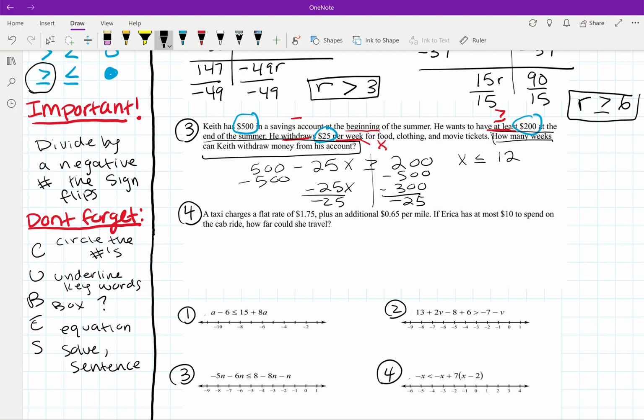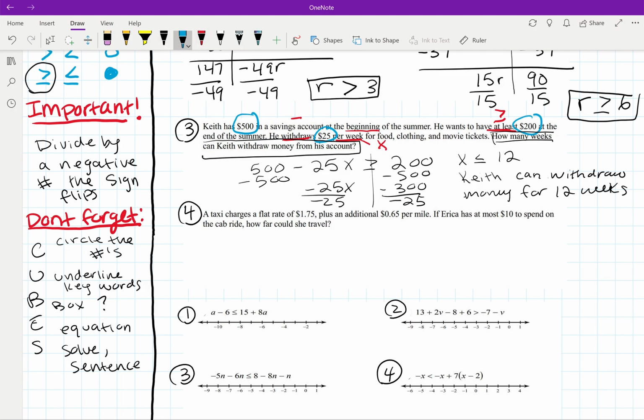If we were to write this in a sentence, this would say that Keith can withdraw money for at least 12 weeks. Okay, so we did all of our CUBES. Let's look at the next problem.